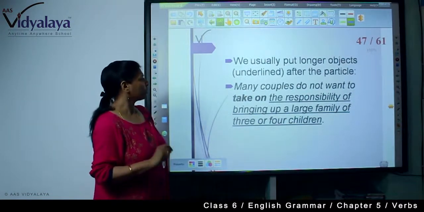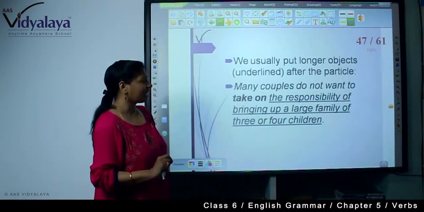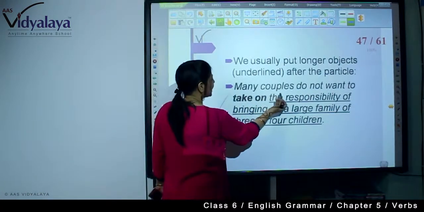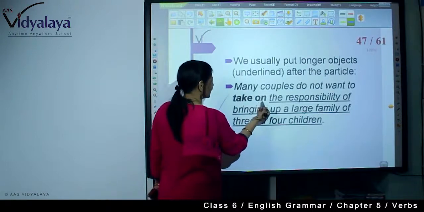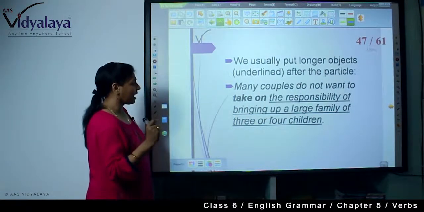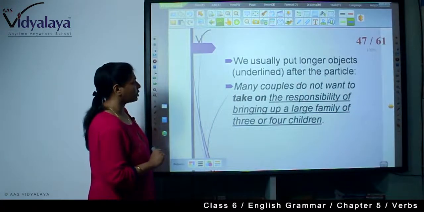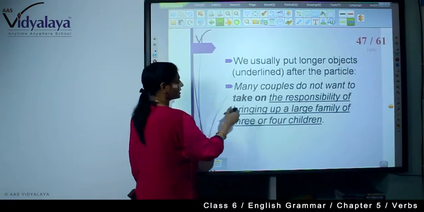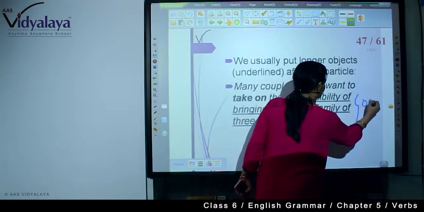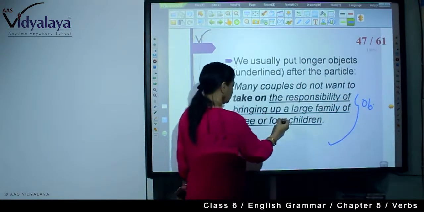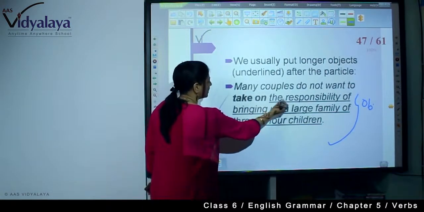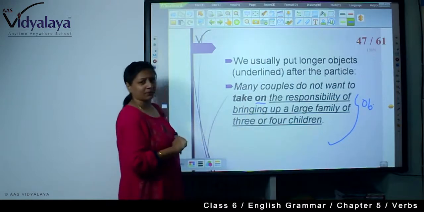Now we usually put a longer object after the particles. For example, "Many couples do not want to take on the responsibility of bringing up a large family or 3 or 4 children." So this is all object. The whole big object is there, and so after "up" we have kept this.